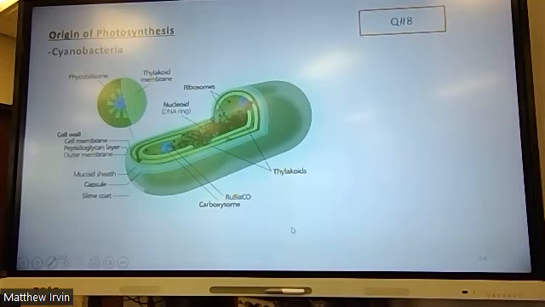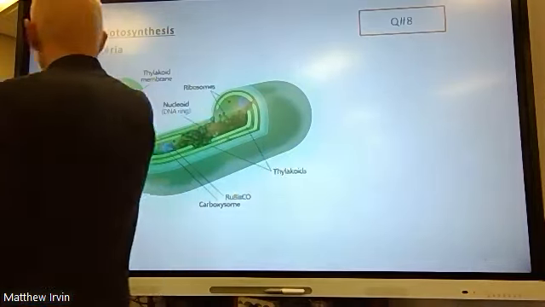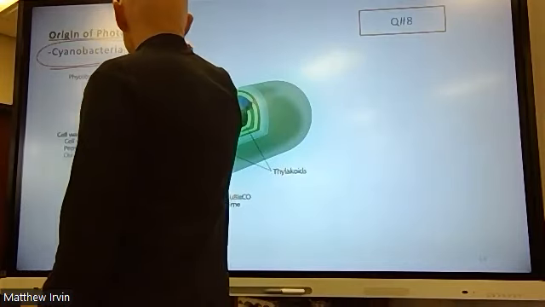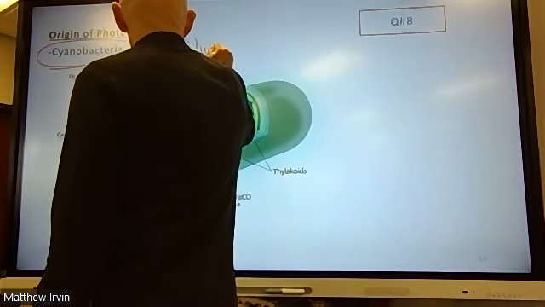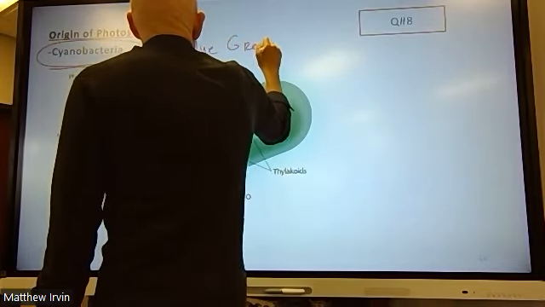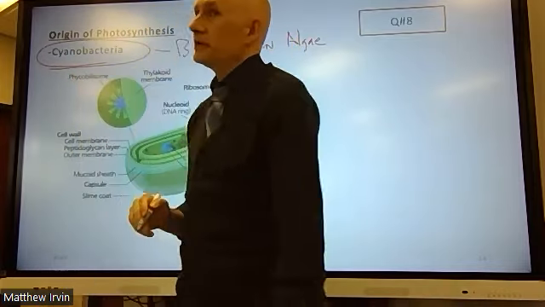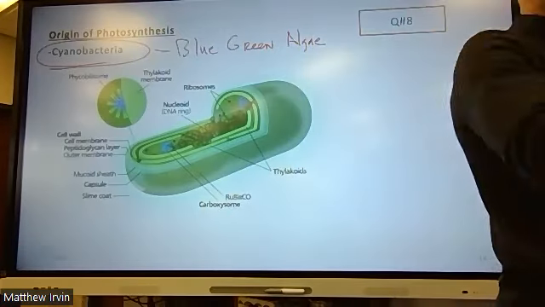Okay, so photosynthesis, the origin of photosynthesis is an ancient bacterium that is thought to be very similar to a group of bacteria called cyanobacteria. This is sometimes called blue-green algae. There's lots of different kinds of cyanobacteria. They're not all blue-green, but these can be filamentous.